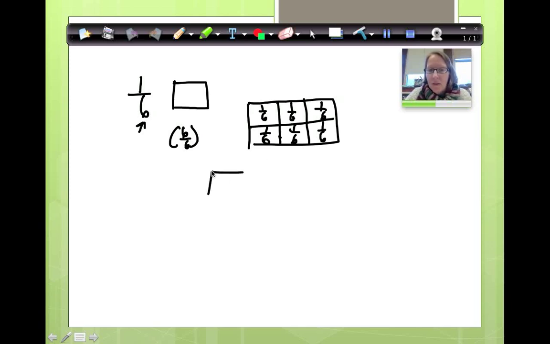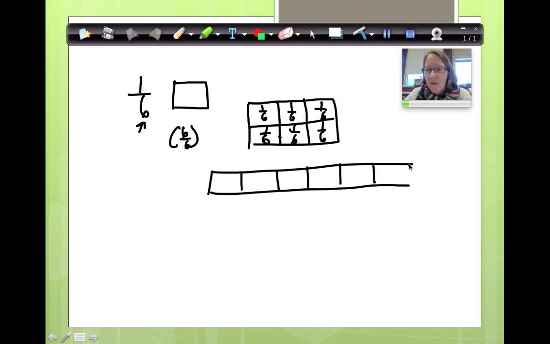Sure. What if I did it this way? If I did it that way, nothing wrong with that as long as I label them. Right? Looks like a 7. Okay? Or could I have done it a different way altogether?